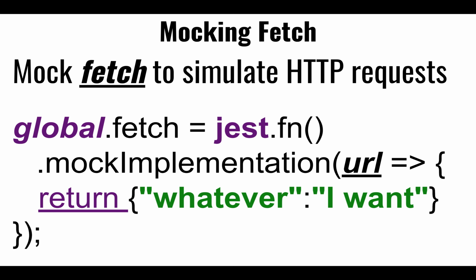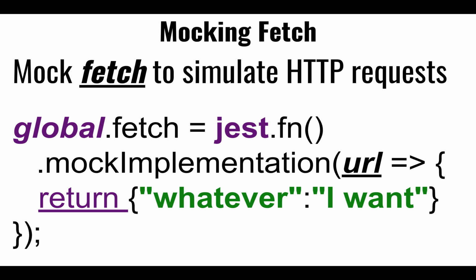If you call fetch anywhere, such as in the user service, instead it's going to call this function. Any arguments that would have gone to fetch instead are going to be redirected to this implementation. So the URL, localhost 8080/API/users and so on, instead of going to the real fetch, is going to go to this function you have here.